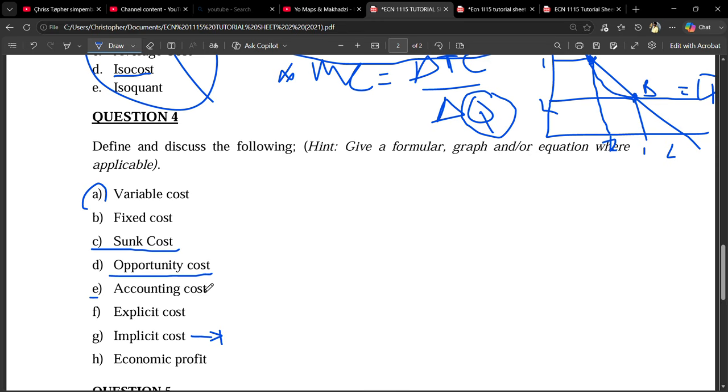It is the actual amount that you are going to pay someone for the deed that they've done in terms of production. Okay, and then explicit costs. These are just actual accounting money for costs that a firm incurs.